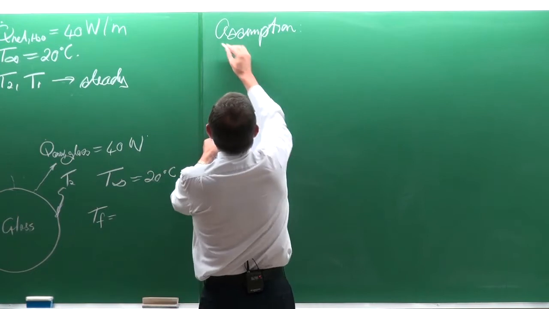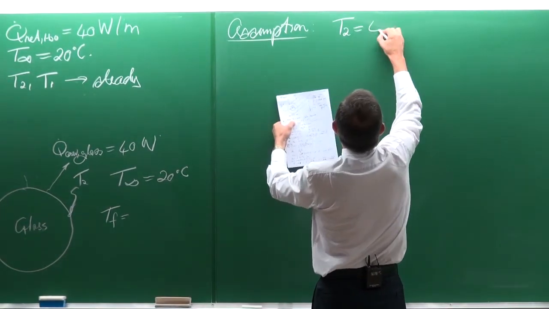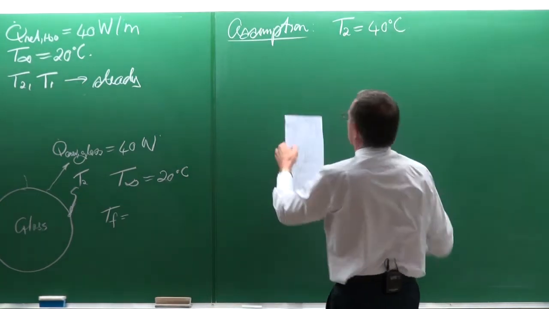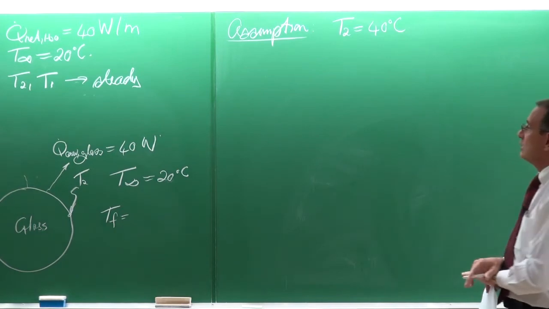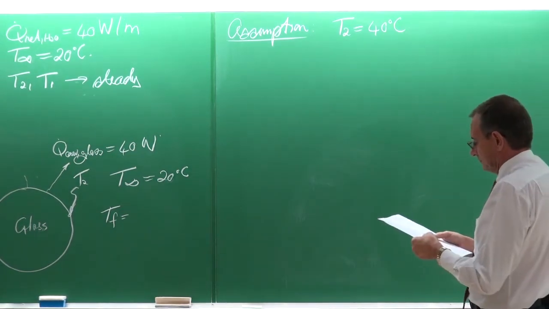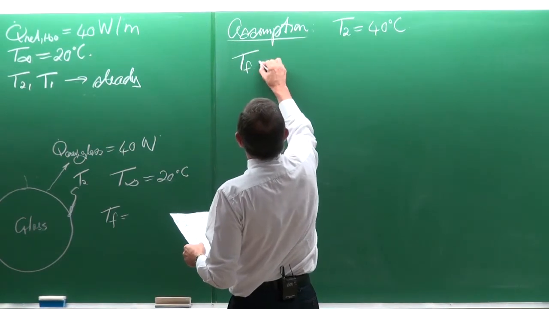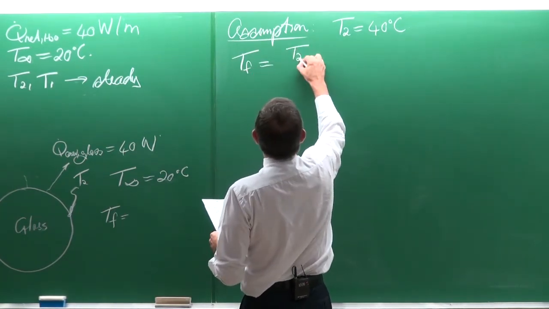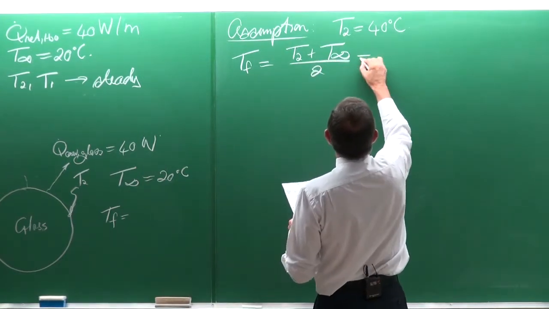So let's start by making an assumption. And the assumption that I'm going to make is to say, well, let me select that the glass temperature is 40 degrees Celsius on the outside. Glass temperature, 40 degrees Celsius. If that is the case, then the film temperature must be equal to T2 plus T environment divided by 2.